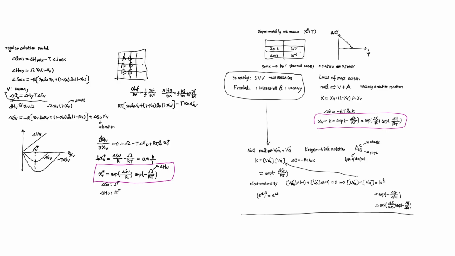And the entropy of mixing, if you check your notes from last semester, is basically minus R [X_A ln X_A + (1 − X_A) ln(1 − X_A)].